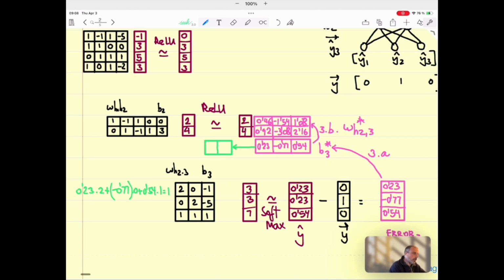The next one, 0.23 times 0 plus minus 0.77 times 2 plus 0.54 times 1. This delivers a minus 1. And this is the error 2.